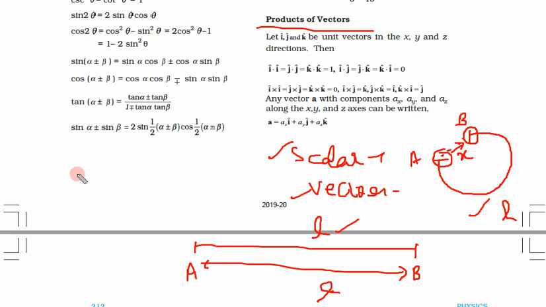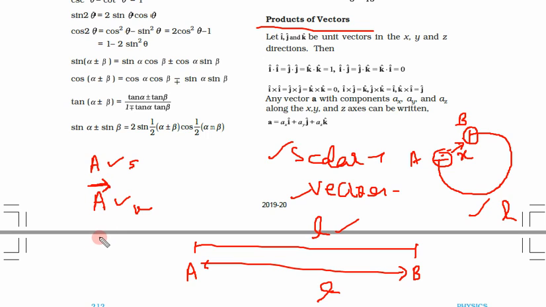So how can we write a scalar quantity? A scalar quantity is written simply by a letter. But a vector quantity is written by a letter with an arrow over it. So this is vector, this is scalar. This is how we write. But how do they write in books? In books you will not see this arrow.